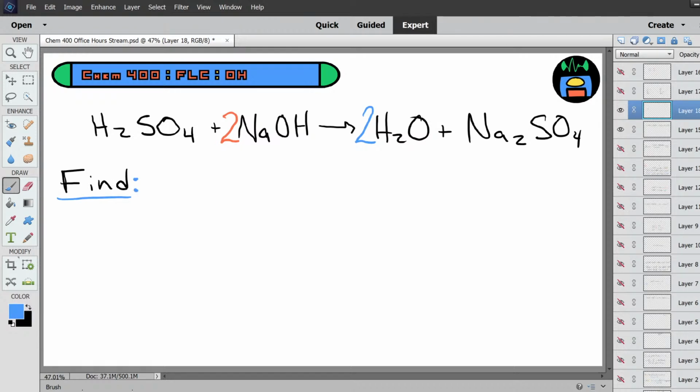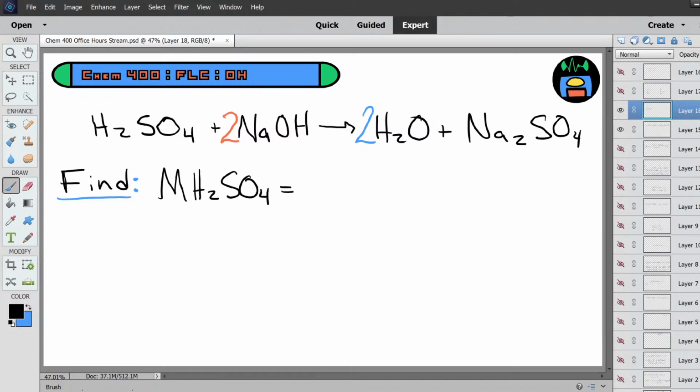So they ask us right there at the end of the problem, what is the molarity of sulfuric acid? So we want to know the molarity of H2SO4.